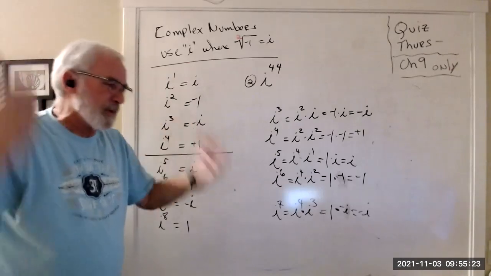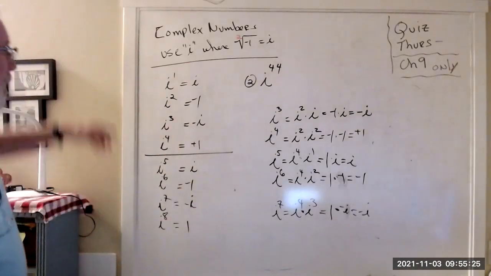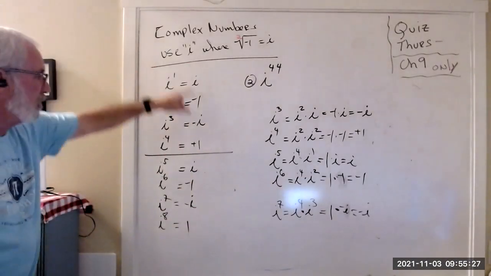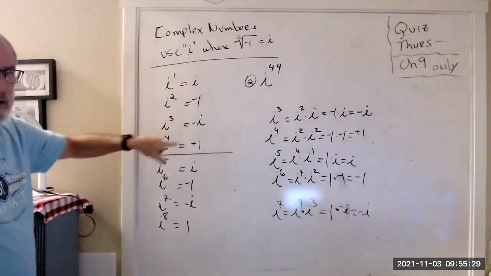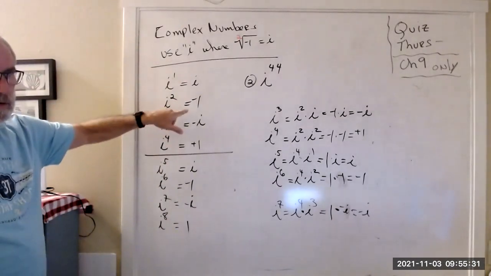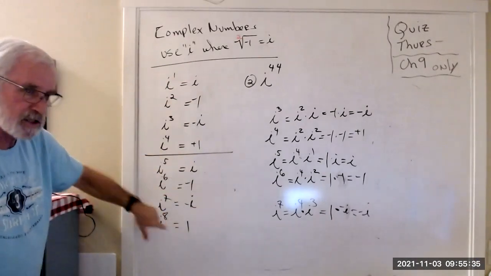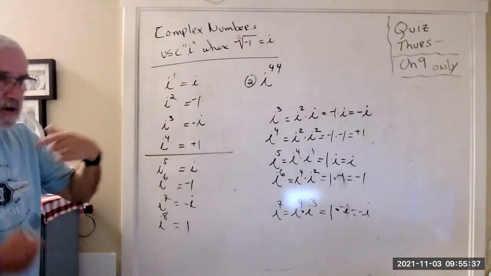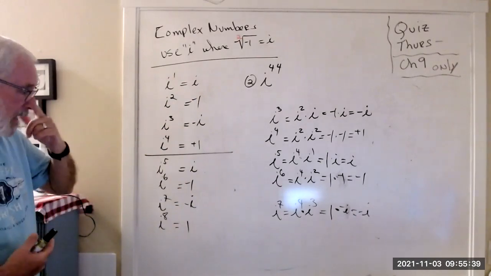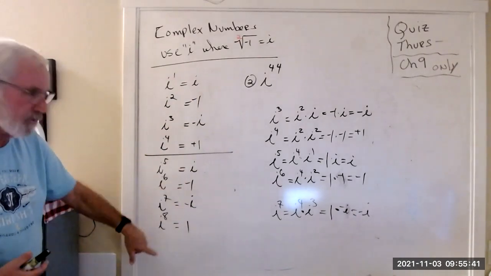Some people call it a cycle, some people call it a period. But for the powers of i, the period is 4. And then it starts to repeat itself again.